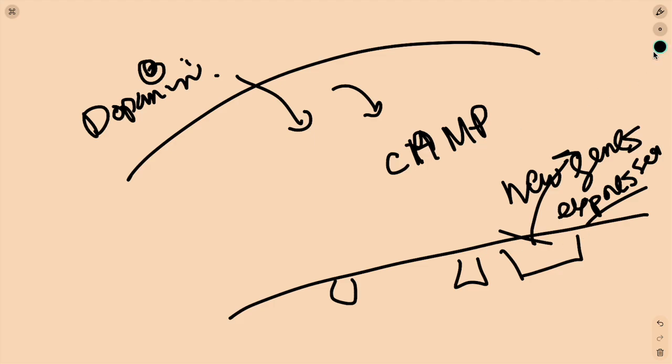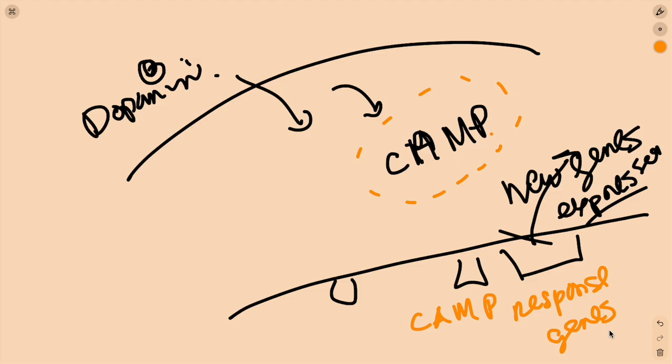And so they said, it's not dopamine that's activating those genes. It's cyclic AMP probably, or something on that pathway inside the cell. So they called these genes cyclic AMP responsive genes, or response genes. They showed through experiments you need to have some new genes expressed for cyclic AMP to have an effect.